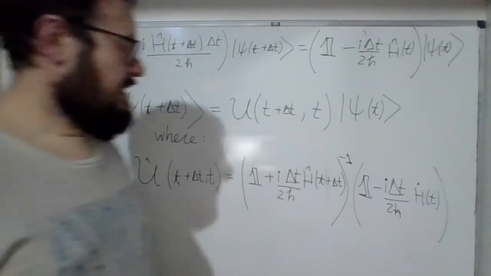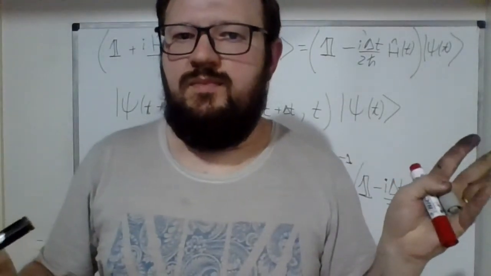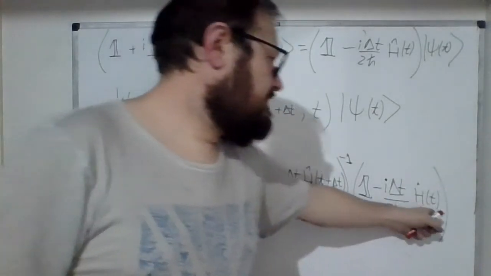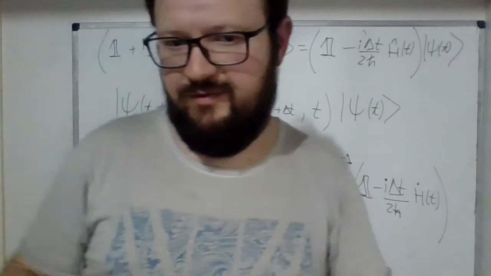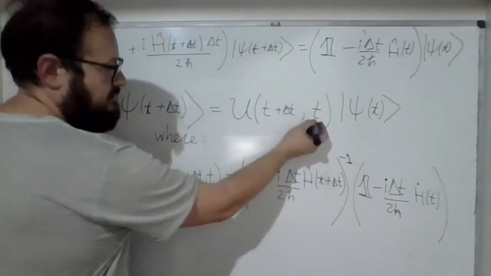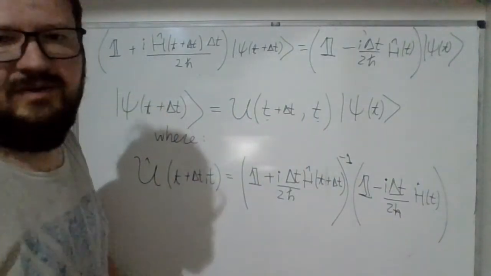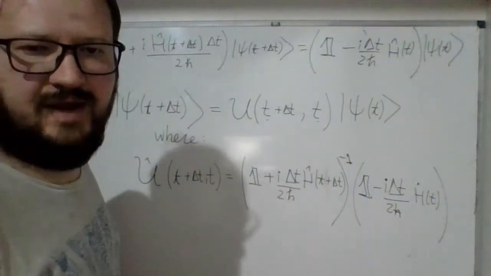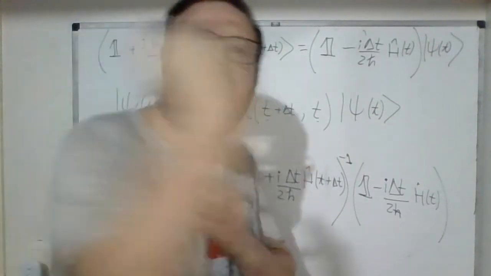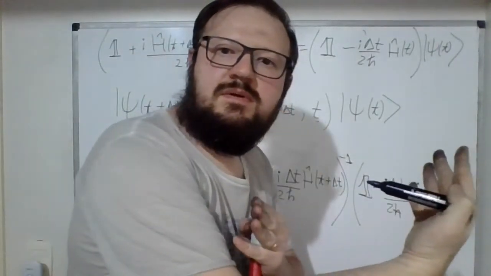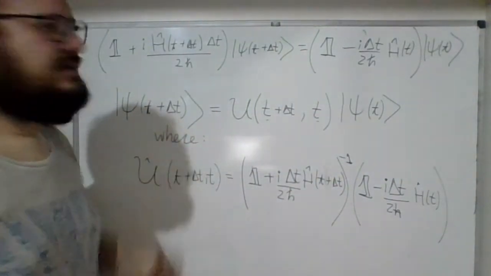Then this can be calculated only one time, because if this is not time dependent, the evolution operator just propagates from time t to t plus delta t, but it's a constant matrix. It produces the evolution by an infinitesimal amount of time.